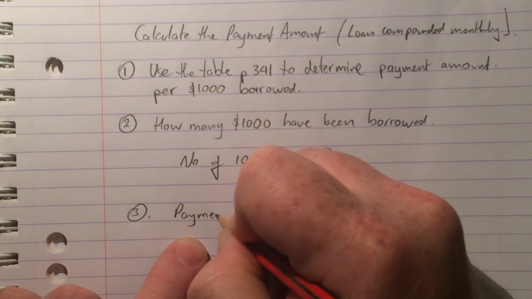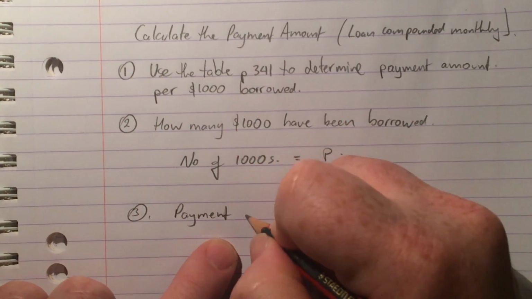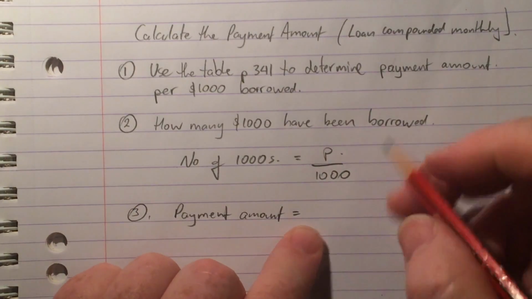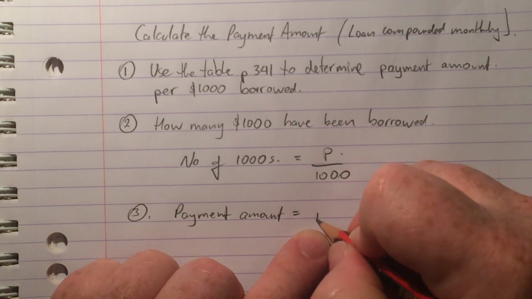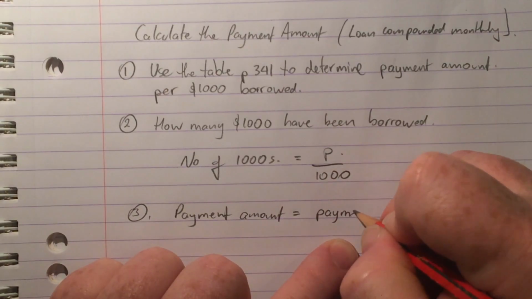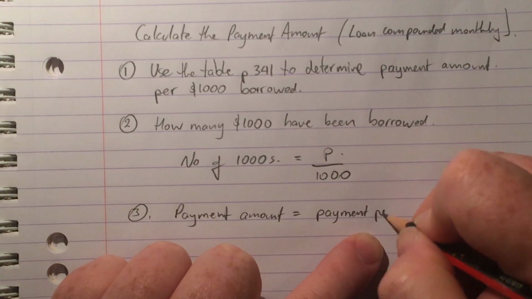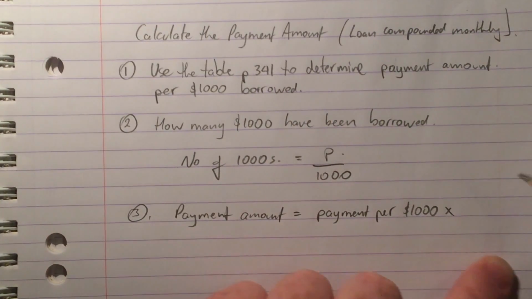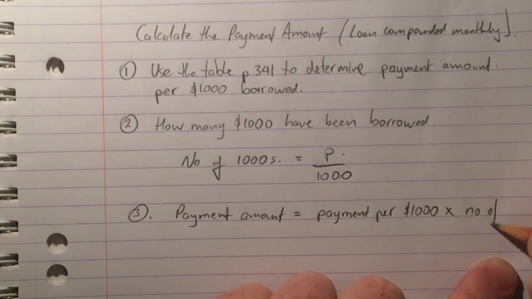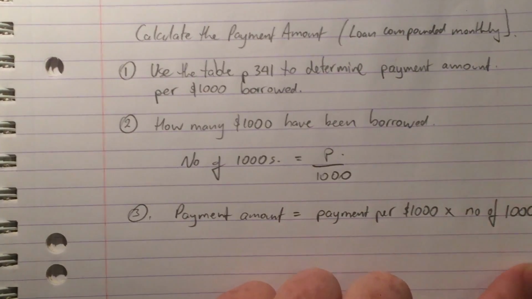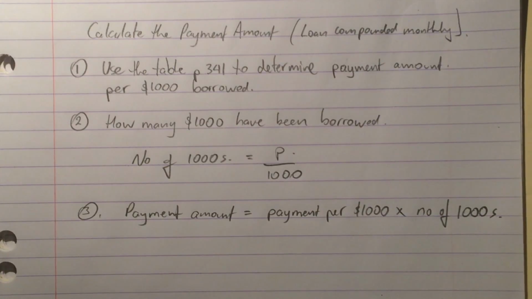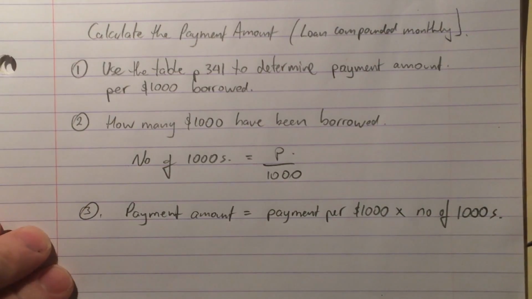So the payment amount is equal to the payment per $1,000 times the number of thousands borrowed. And that's how you calculate the payment amount.